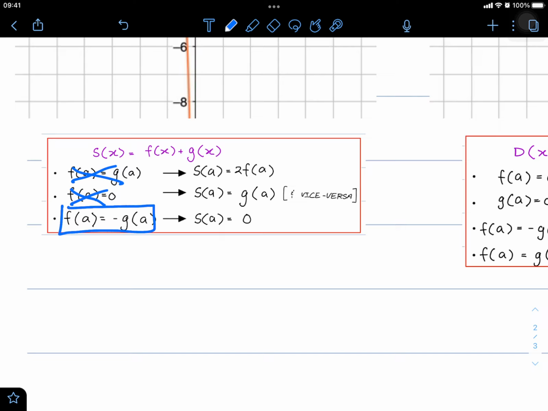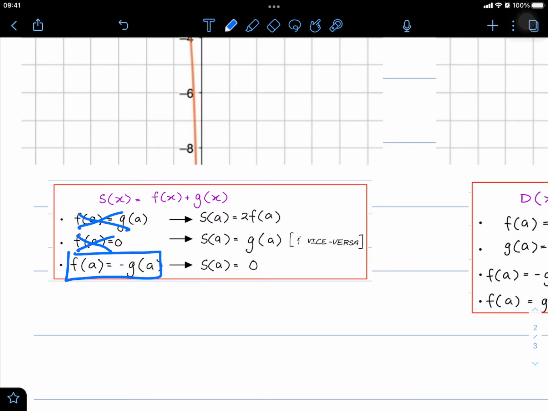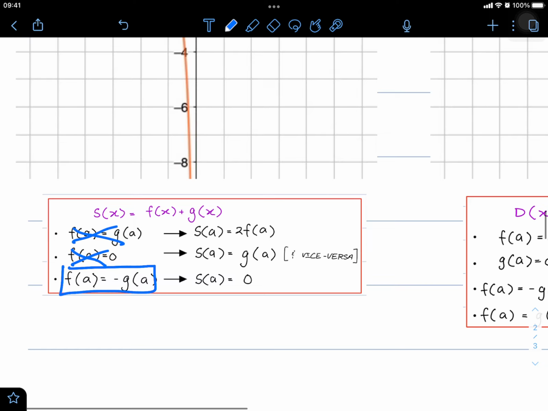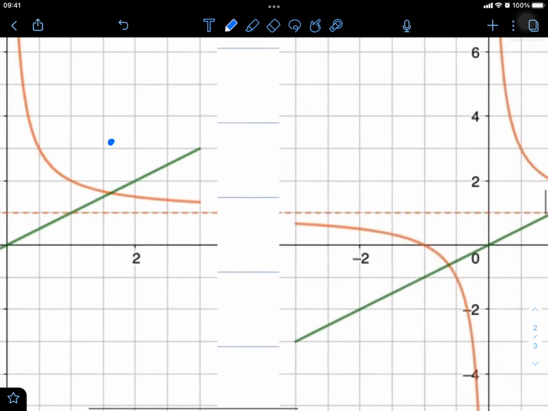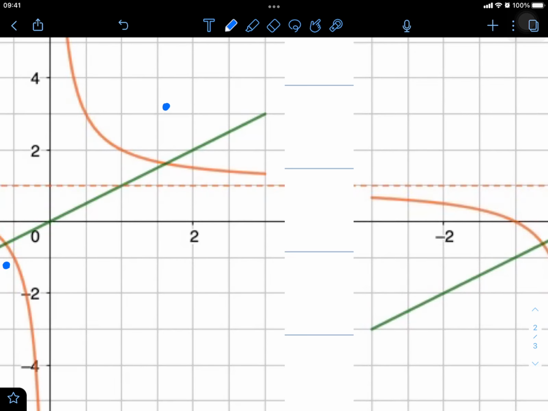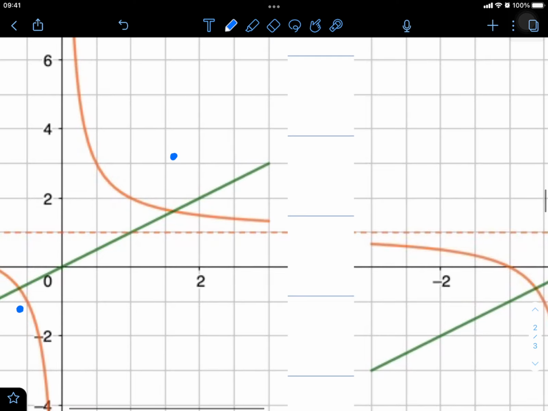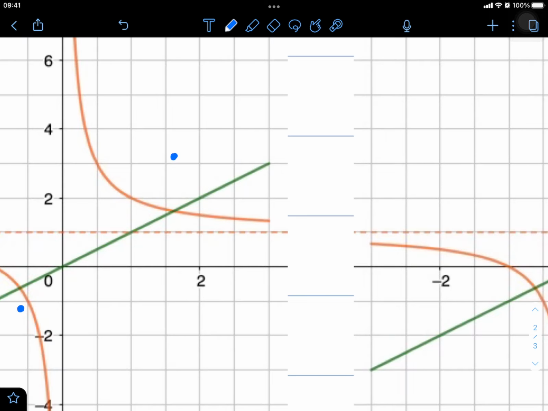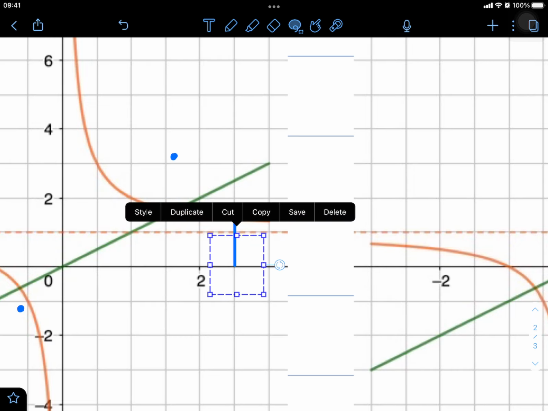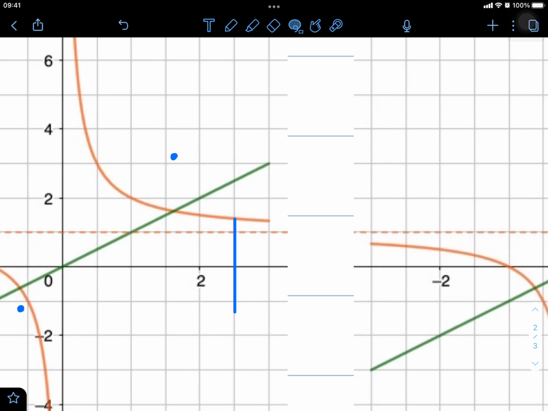Now let's do one last thing here. This one, you'll find as I take you through it, we actually can't apply here, because if we try and look for any, we won't be able to find any. I'll demonstrate. Let's consider this point here. Remember, f of a must equal negative g of a.